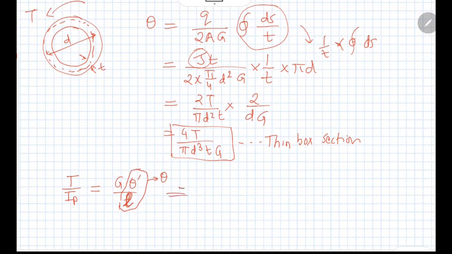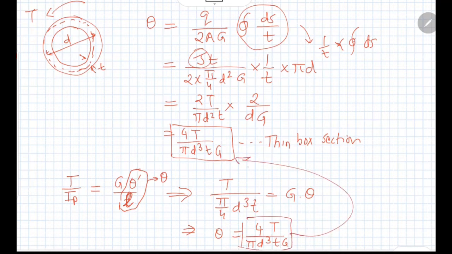Using this expression we will get T divided by IP, which we found from the previous page as pi by 4 d cube t, equal to G multiplied by theta. So this gives us the value of theta as 4t divided by pi d cube tg, which is the same as what we obtained earlier.